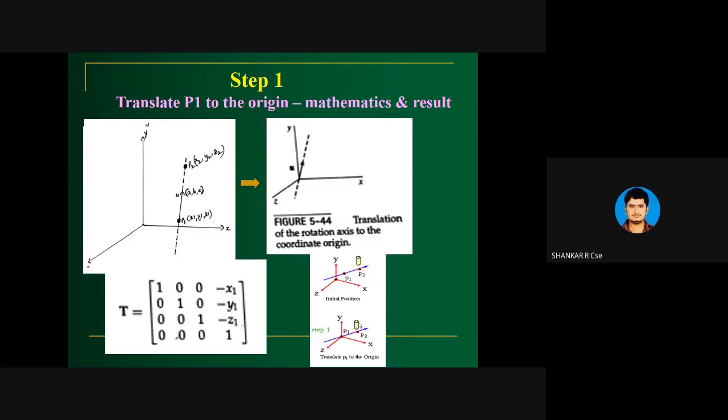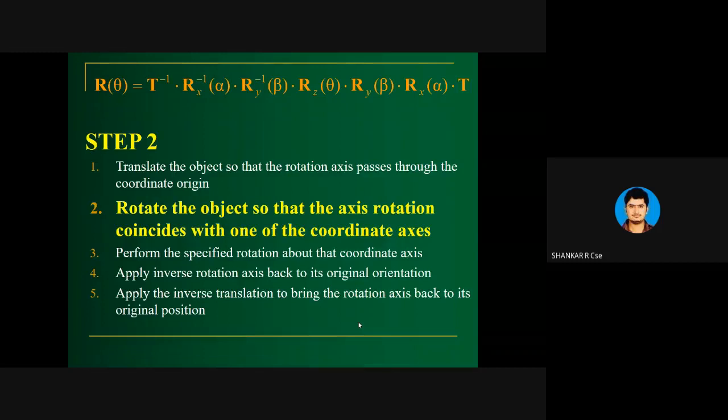So you have to rotate it by some angle with respect to x axis, and by some angle with respect to y axis. Then only you can put it on the z axis. That's the reason I have, you can see here, the reverse translation, that is over. So step 2 has two sub steps.